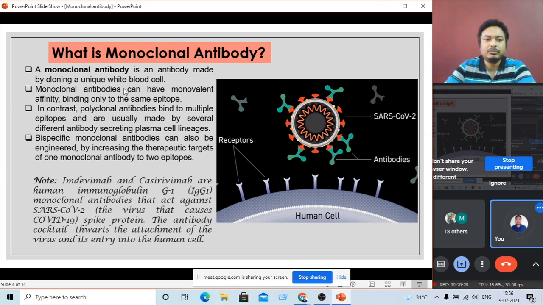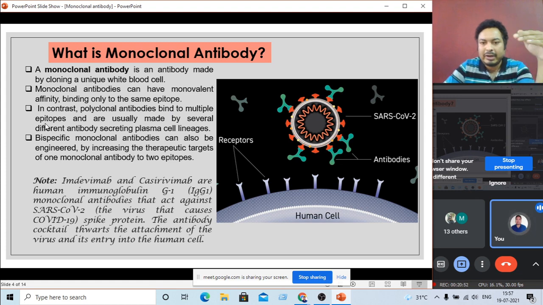Okay, you can see monoclonal antibodies are monovalent. I already said only one valent is there, monovalent affinity, binding only to the same epitope. That means they can bind only one specific type of epitope. In contrast, polyclonal antibodies bind to multiple epitopes.